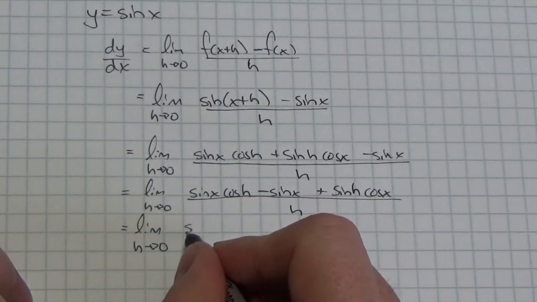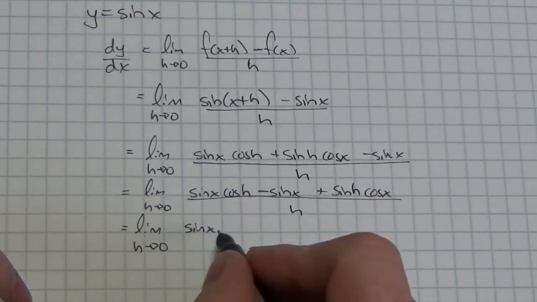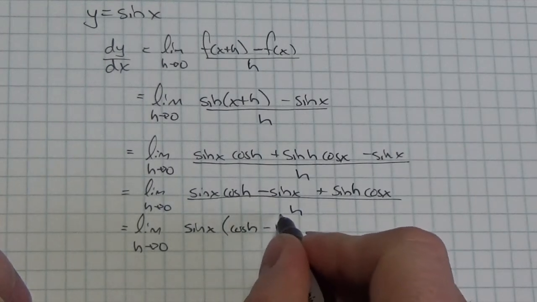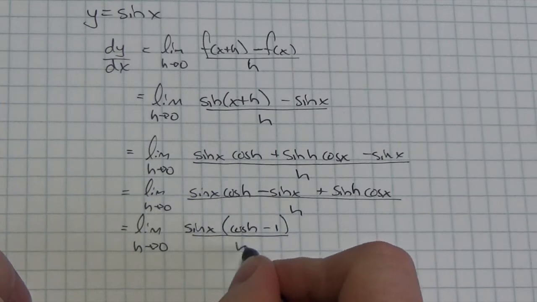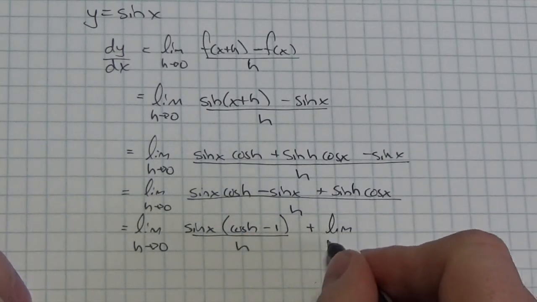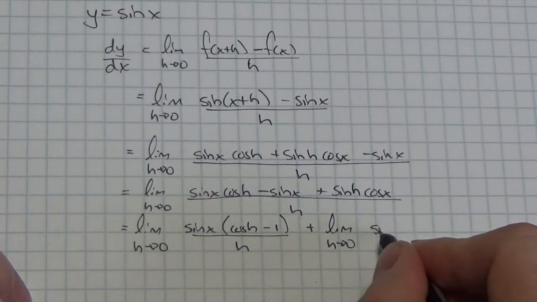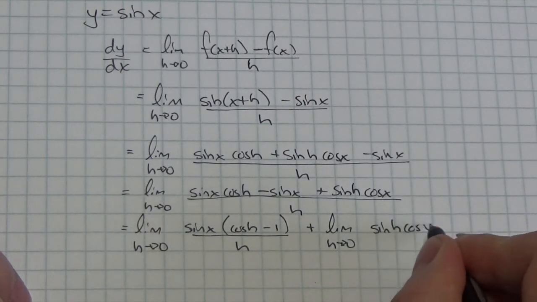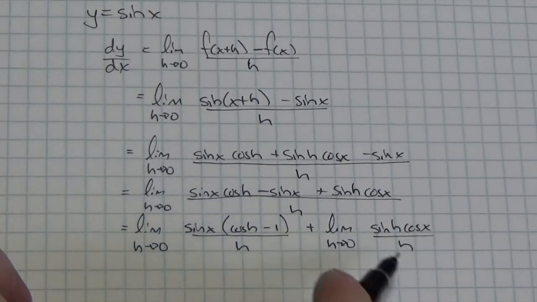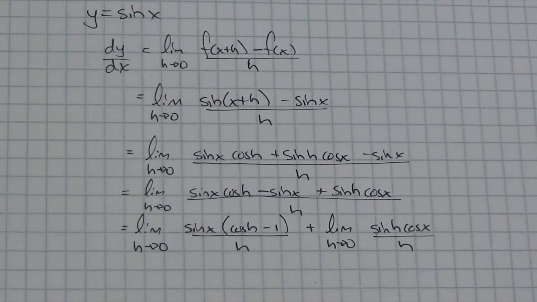This will be the limit as h approaches 0 of the sine of x multiplied by cosine of h minus 1 all over h, plus the limit as h approaches 0 of the sine of h cosine of x over h. I like how that looks because I can see my sine of h over h, and I know that that's going to equal 1.